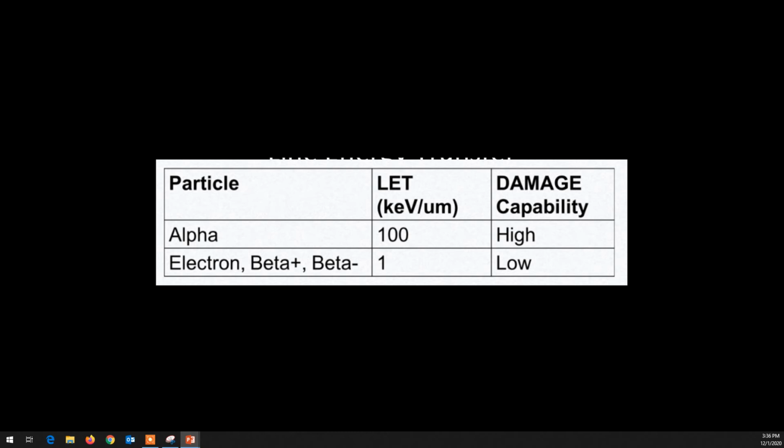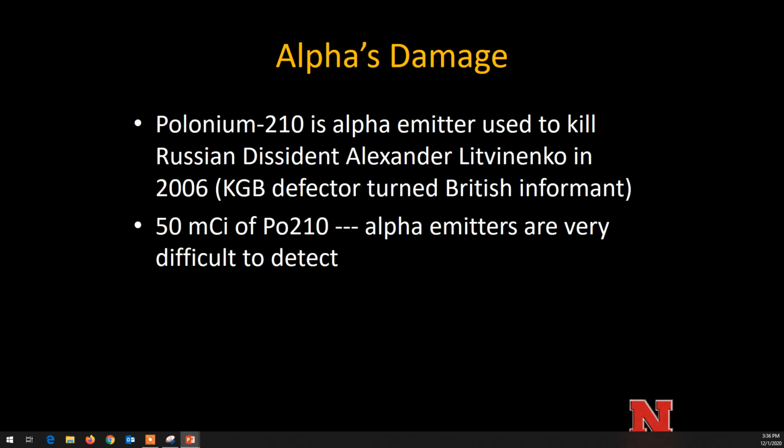That's why radium-223 is effective. It lands where a metastatic tumor cell is in the bone and it destroys it. Versus the electrons, beta minus particles, created during X-ray imaging, they have a really low LET, which means they're really not damaging typically in terms of immediate radiobiologic effects. All right, alpha damage.